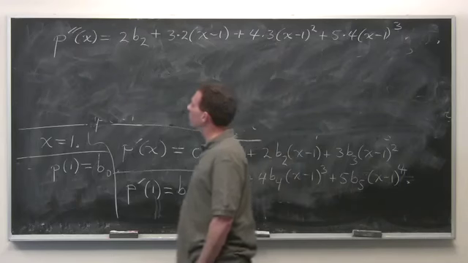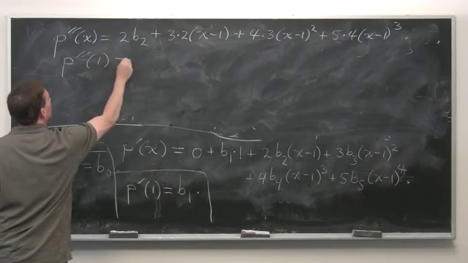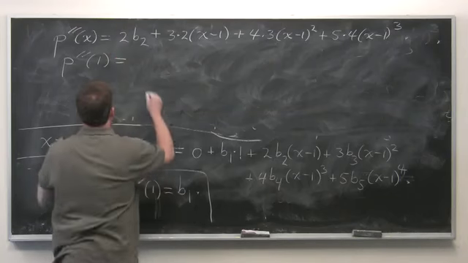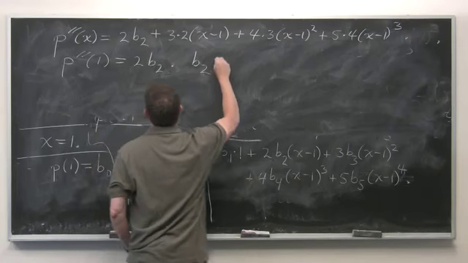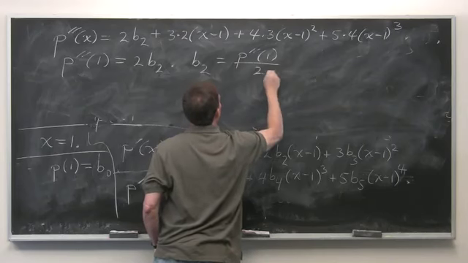And you plug in x equals 1, and you get p double prime at 1 equals, all of these terms are 0, so you just get 2b2, which means that b2 itself is p double prime of 1 over 2.